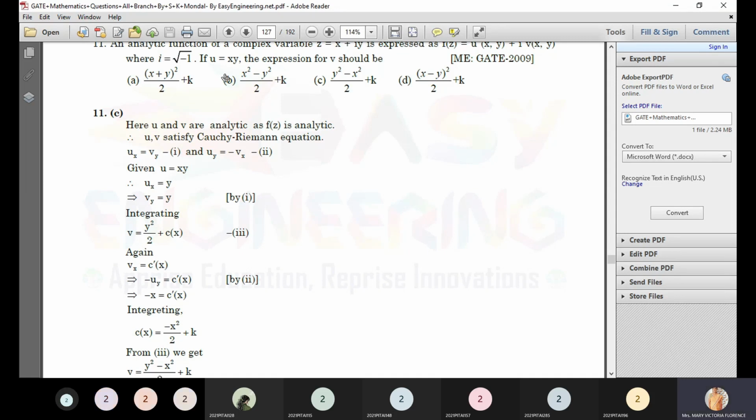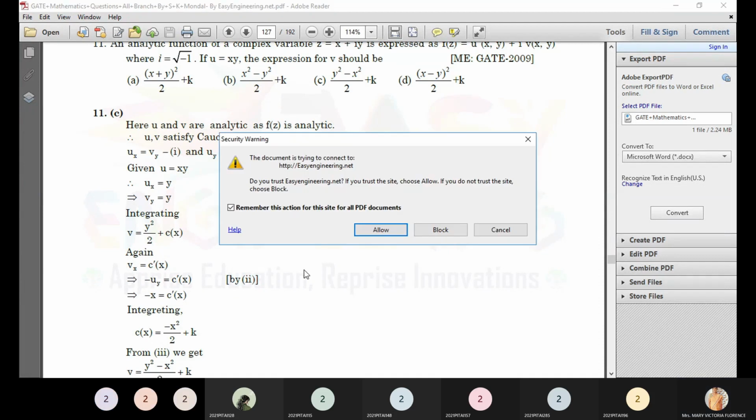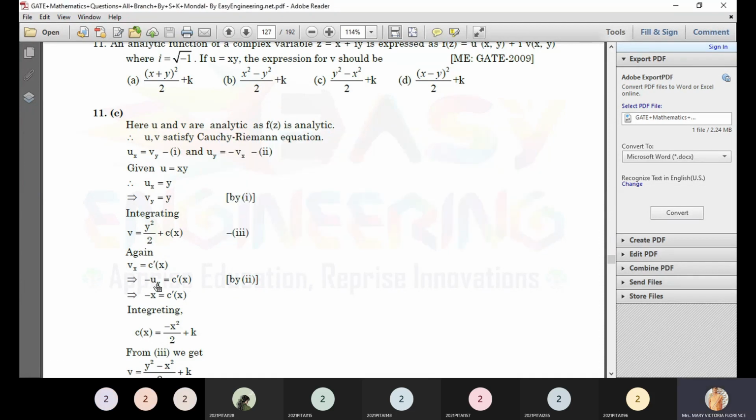Now, the Cauchy-Riemann equation, uy is equal to minus vx. So, instead of vx, we can write minus uy. So, minus uy equal to C dash of x.